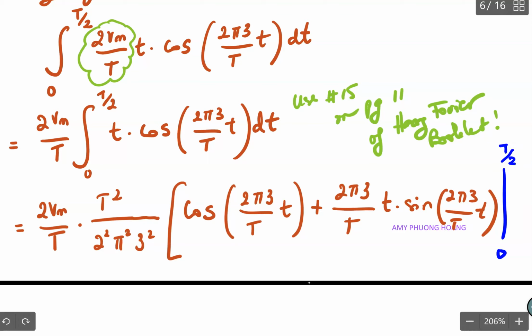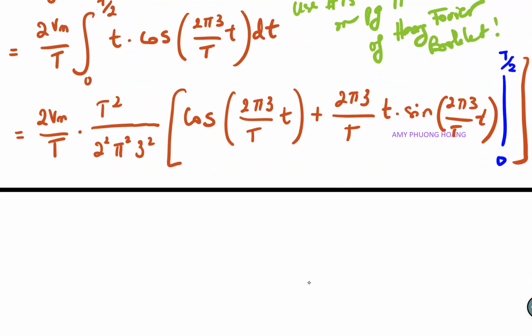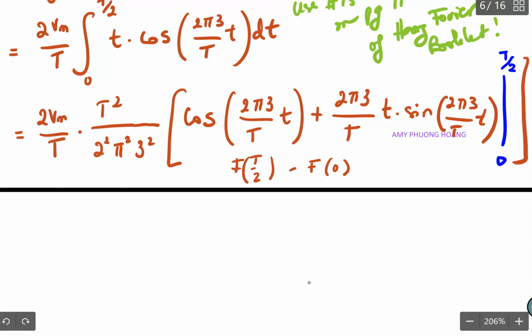And then I need to close the bracket. And I have to apply the fundamental theorem for this. It means I have f of T over 2 subtract f of 0. Step by step, we will achieve what we need to achieve.